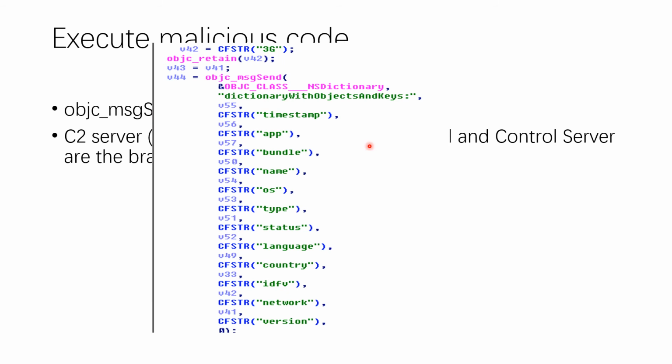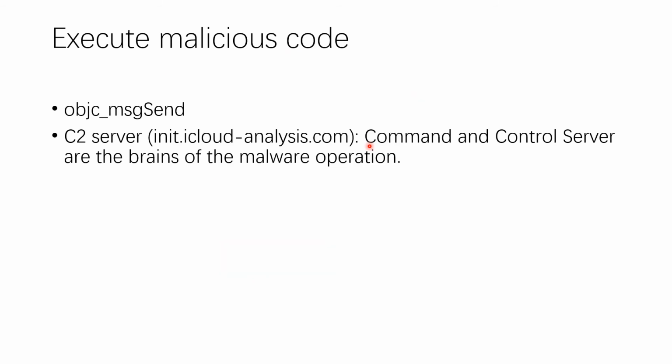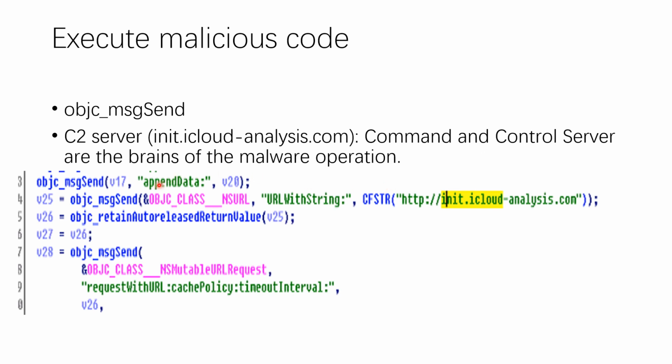However, if personal information is uploaded to the C2 server and used by the attacker, then this common code becomes malicious code. Also, the command and control server is the brain of the malware operation. We can say that the objc_msgSend class will upload the string information to this link.